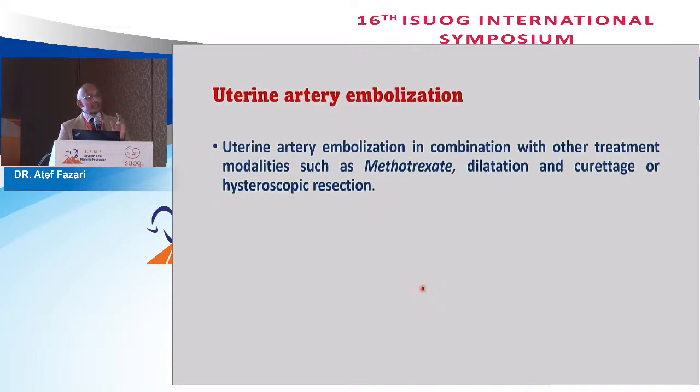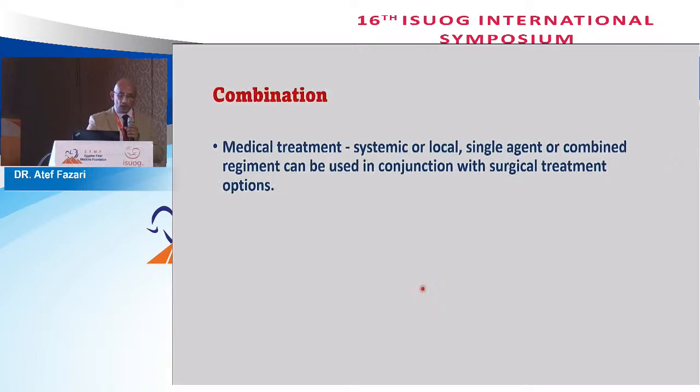Uterine artery embolization in selected patients, because it's a sequel of uterine artery embolization and usually used in combination with others like methotrexate or curettage or hysteroscopic resections. Combination of treatment, and choose one of them, whatever, potassium chloride, hysteroscope, whatsoever it can be.